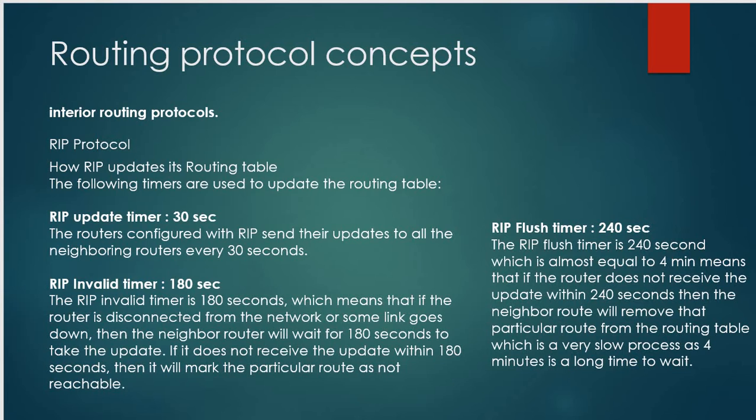RIP invalid timer is 180 seconds, which means that if the router is disconnected from the network or some link goes down, then the neighbor routers will wait for 180 seconds to take the update.